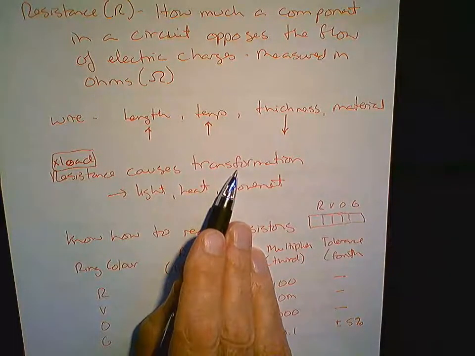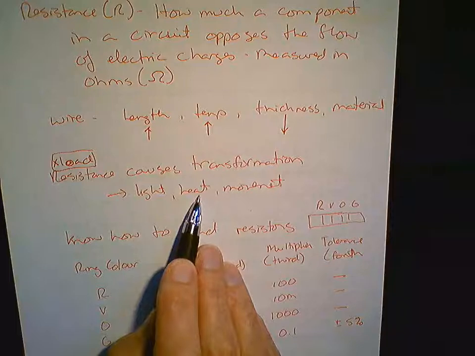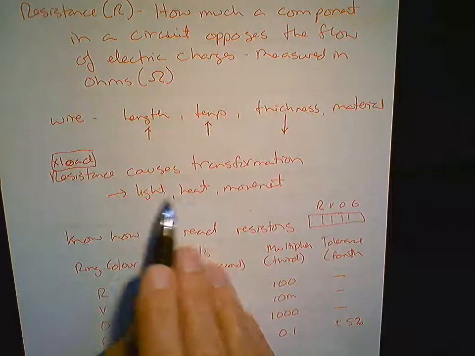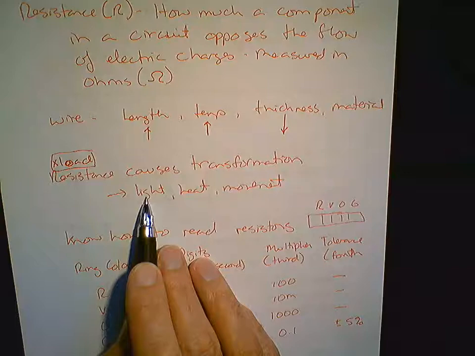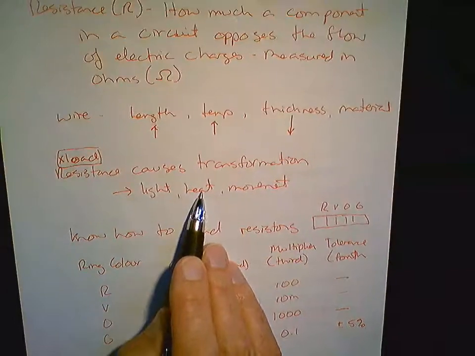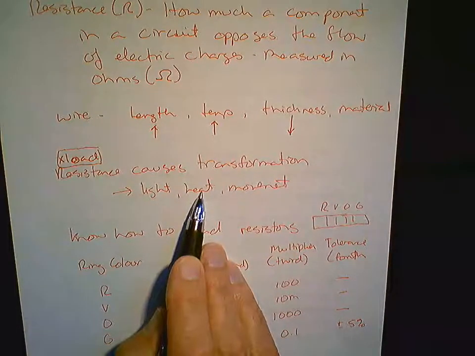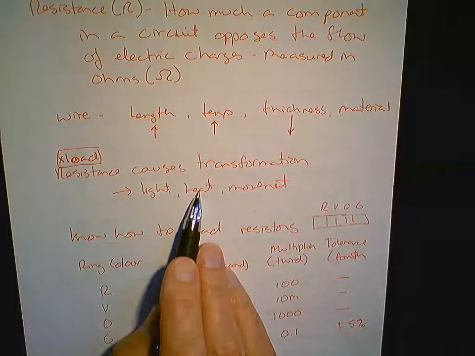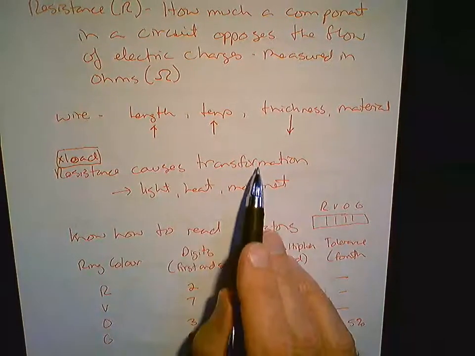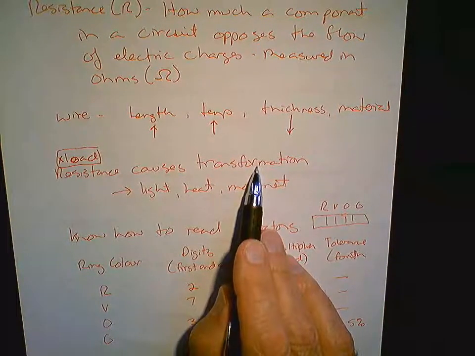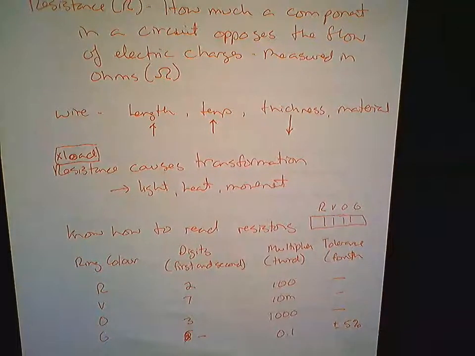In old light bulbs, only 5% of the energy went into light, and the other electrical energy went into heat. Sometimes when we transform electrical energy, we are trying to create heat, like in a dryer. Another thing that we can transform electrical energy into is movement. So in a fan, which is a load, we change the electrical energy into movement.